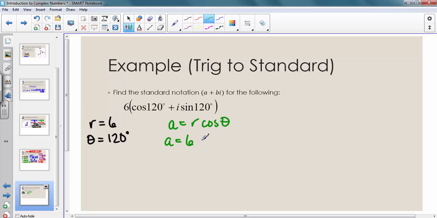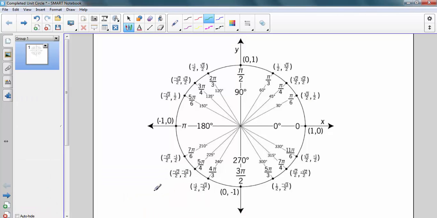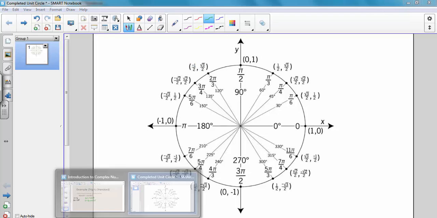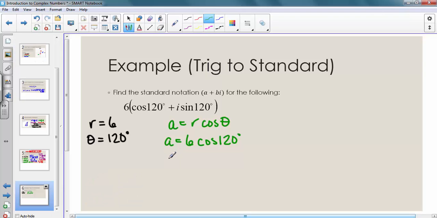R is 6 and theta is 120 degrees. Looking at my completed unit circle, the cosine of 120 degrees is negative 1/2. So a equals 6 times negative 1/2, which gives a equals negative 3.